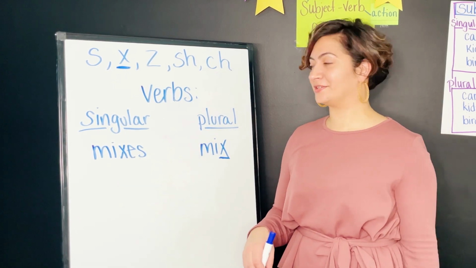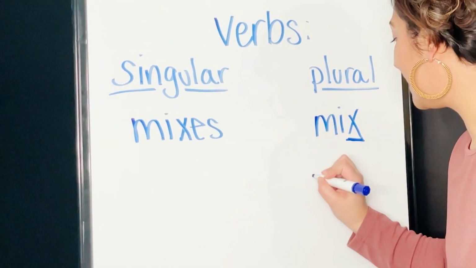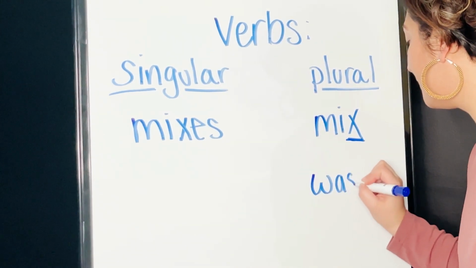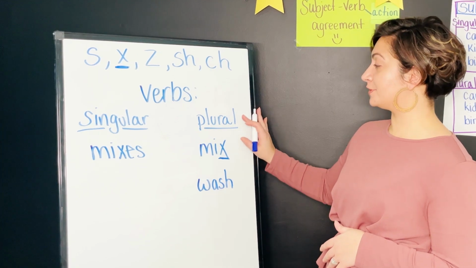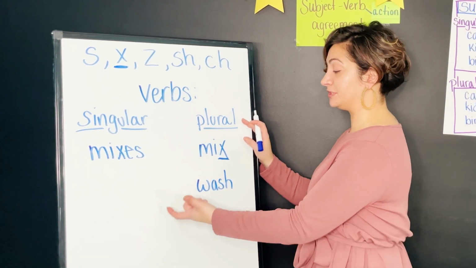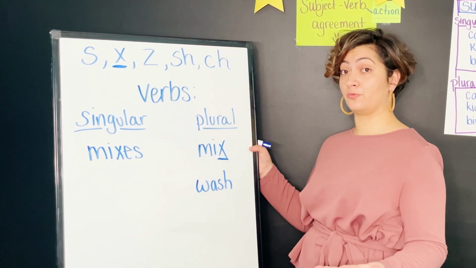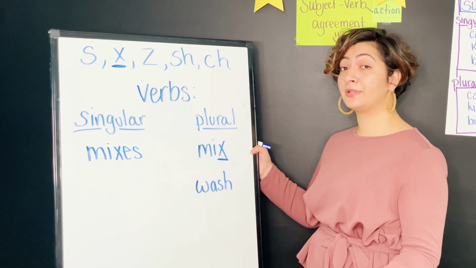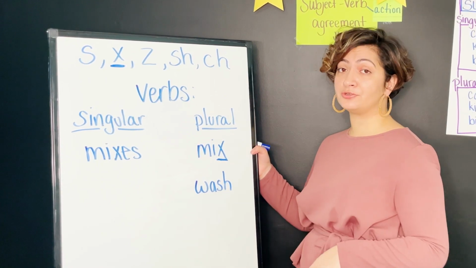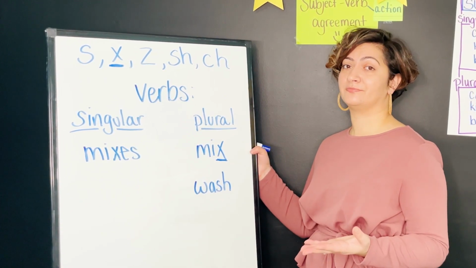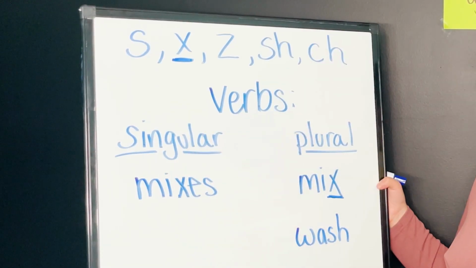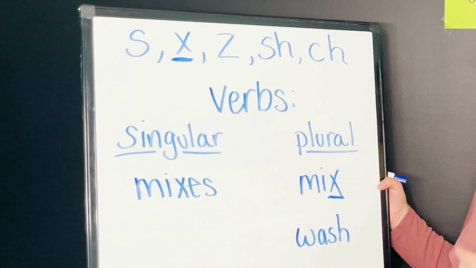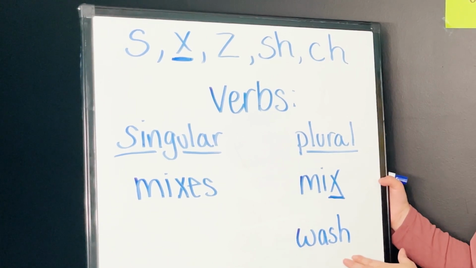Let's look at another word. I can have the plural verb wash. Wash is in its plural form, which means it can have a plural subject to go with it, more than one. I could say the players wash their uniform after practice. But if I want to change it to a singular sentence, I would have to make a singular subject with a singular verb.